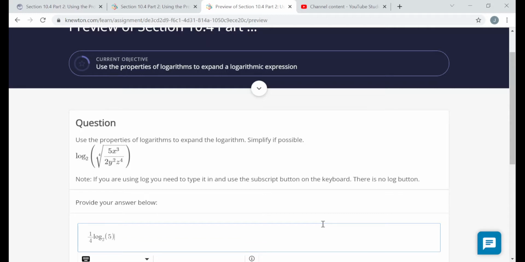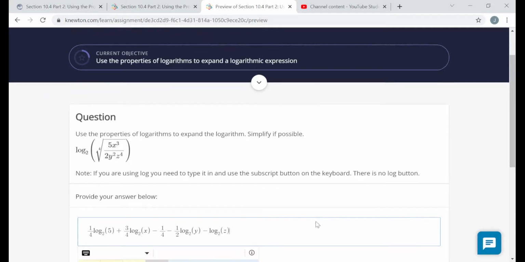Log base 2 of 5 plus 3/4 times the log base 2 of x minus 1/4 minus 1/2 times the log base 2 of y, and then minus the log base 2 of z. Be careful with the letters.